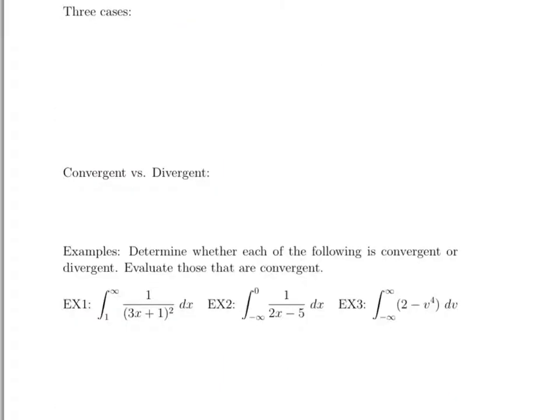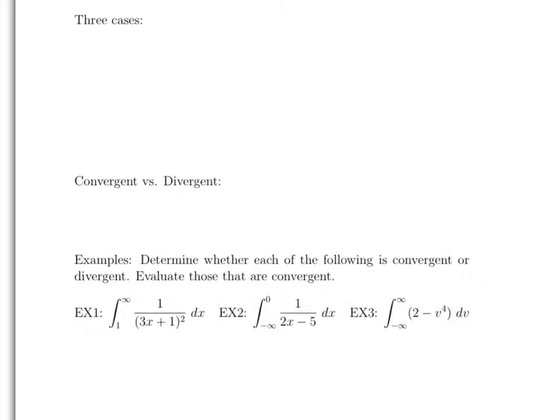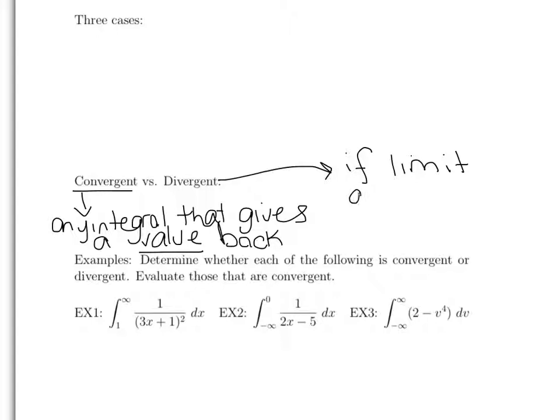So we're using 2 words now, convergent and divergent. Convergent, we're going to mean this is any integral that gives us a value back, so an actual numeric value. And an integral is divergent if the limit that we take goes to infinity or does not exist.